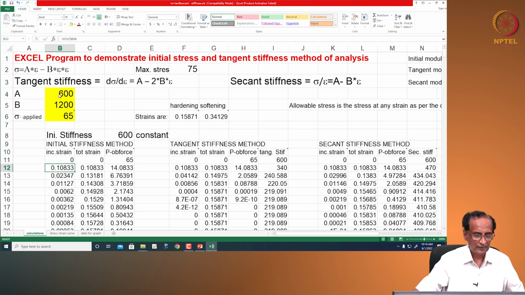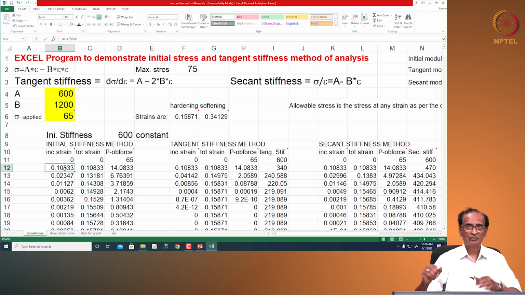So that is fixed. And if I say D11, initially it is D11, and then next one it will be D12, and so on. Okay. So here this 0.1083 is the outer balance stress in the previous step divided by 600.